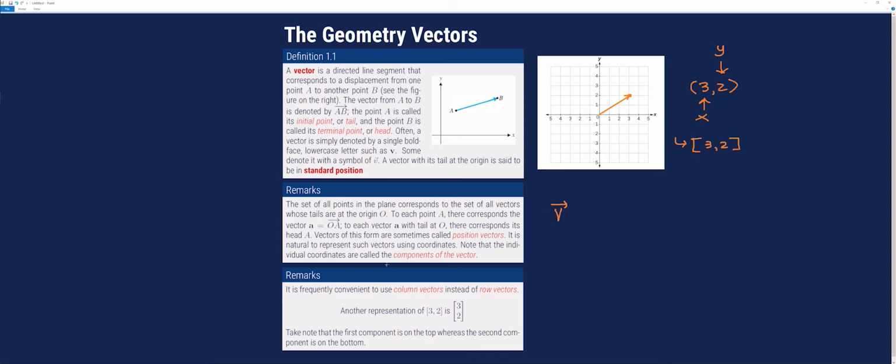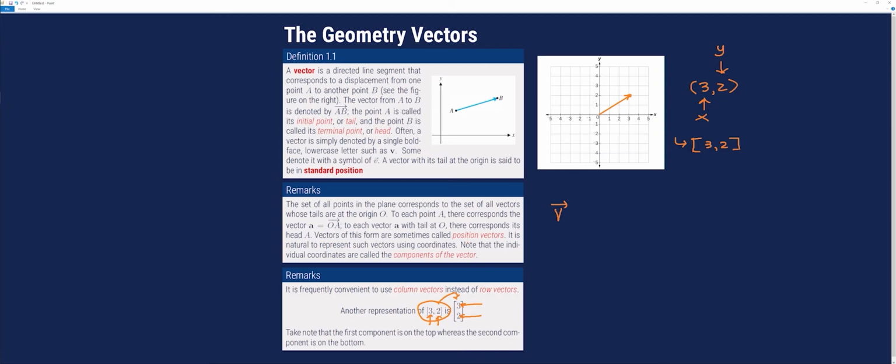Most of the time, when we perform operations, we prefer to use column vectors instead of row vectors. This one is a row vector, and it can be represented using a column vector like this. Notice that the first component of the row vector is on top of the second component in its equivalent column vector. Take note that the order of the components is important when we talk about vectors.